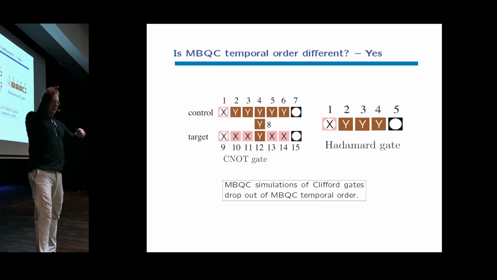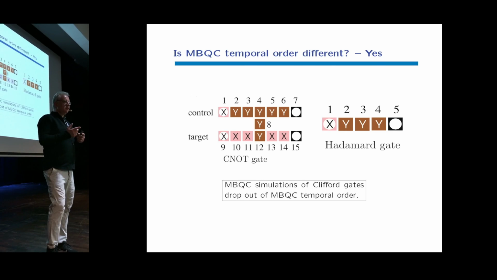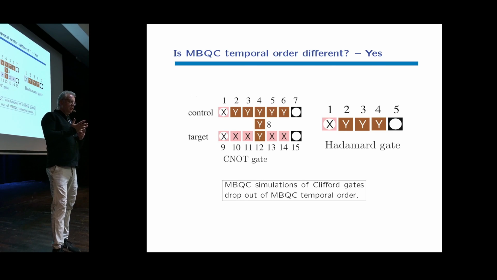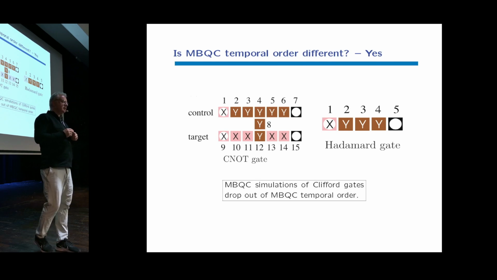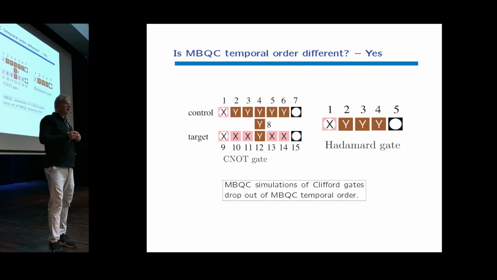Remember that initial graph that we had. If you do this on a 2D cluster state, you are mapping to the circuit model on a line, with nearest neighbor gates, basically. And there is a threshold result for such a setting.